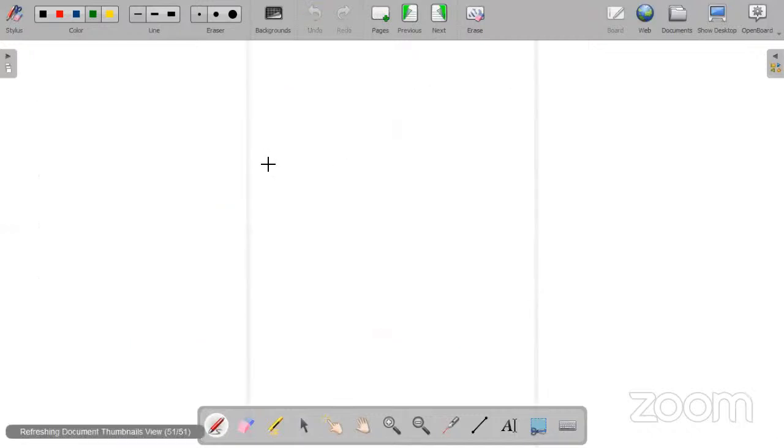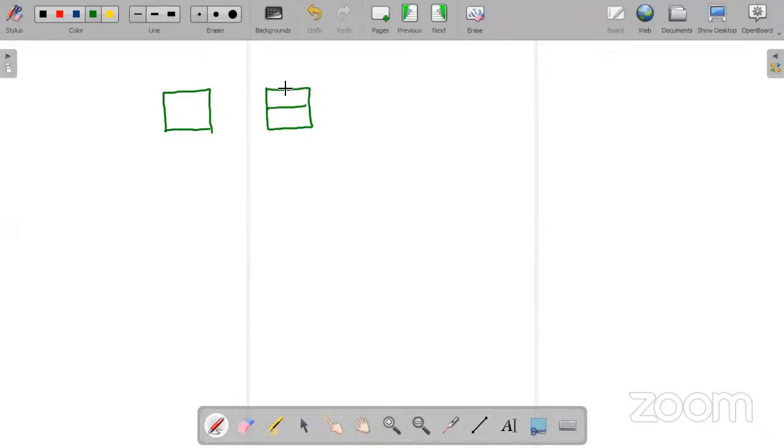Now, for example, see, if you draw like this, this is 1 square. For example, how many squares are there here? You draw this figure, this is a square, and this also is a square. Now, how many squares are there here? I will explain.